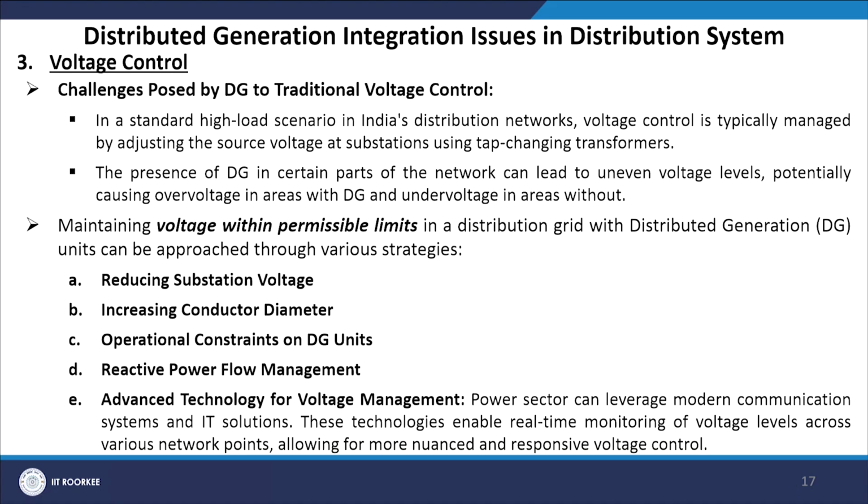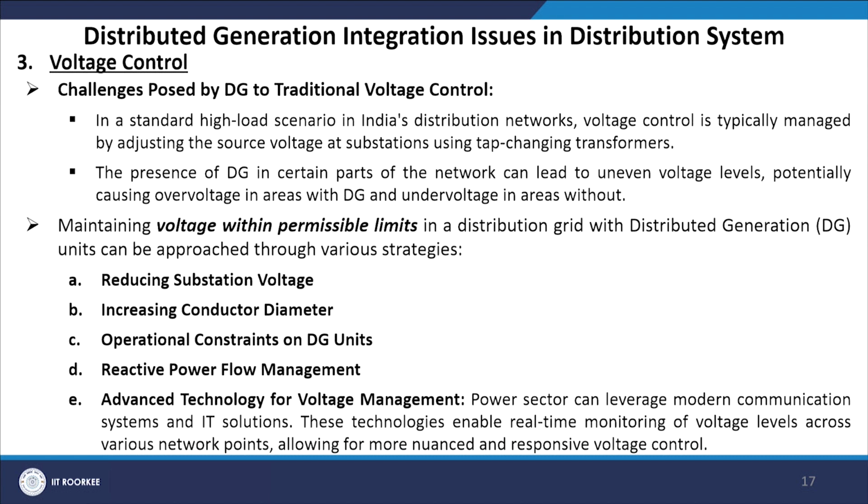The presence of DG in certain parts of the network can lead to uneven voltage levels, potentially causing overvoltages in areas with DG and undervoltages in areas without DG. Maintaining voltage within permissible limits is an important issue with and without distributed generation.